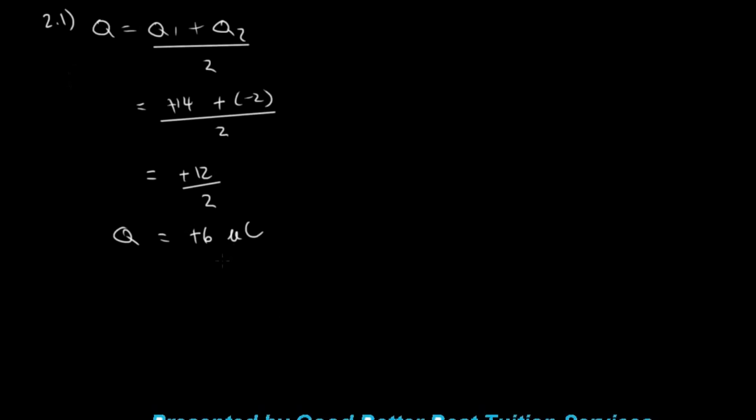Now that I know the charge on each, I can perform my electrostatic equation, which is F equals k Q1 Q2 all over r squared, equals 9 times 10 to the 9, multiplied by 6 times 10 to the minus 6 coulombs. There are 2 of them, so it's multiplied by itself, so I'm going to save space and just go squared.